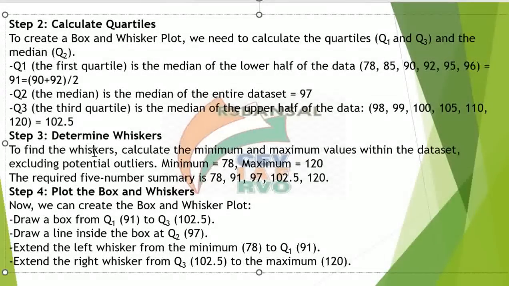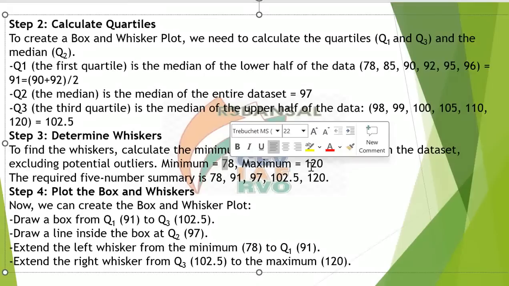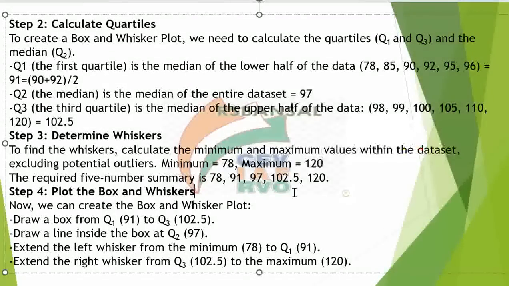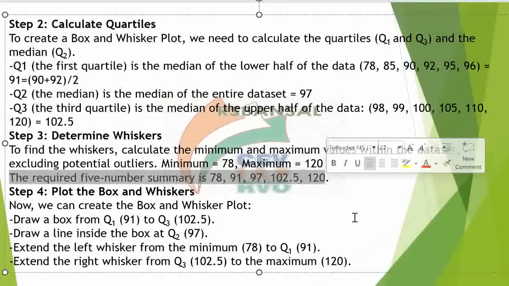And then the lower and upper values are called the whiskers. So the minimum value is 78 and the maximum value is 120. So you find the five required values: 78, 91, 97, 102.5 and 120.